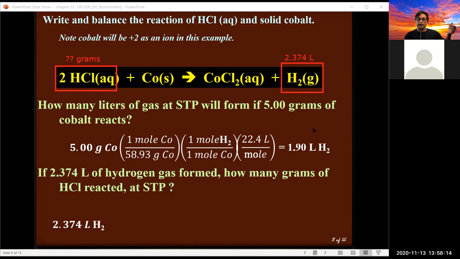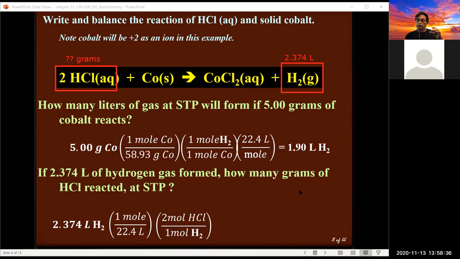Okay, so we write down what we're given, 2.374 liters of hydrogen gas. I am at STP, so I can use that relationship of 22.4 liters per mole. That gets me into moles of hydrogen.